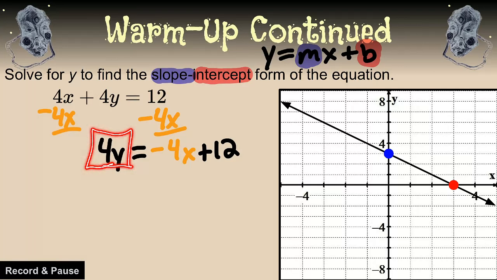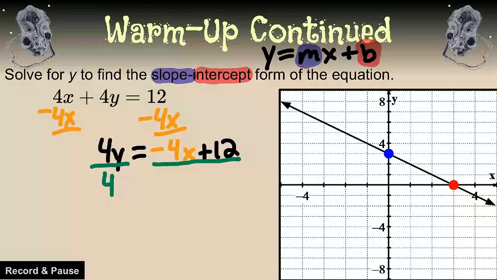Now I have 4 times y, and we need to get that y by itself. So to isolate it, we need to divide by 4, because the inverse of multiplying by 4 is dividing by 4. Now, on the left-hand side, that's pretty easy to write, but on the right-hand side, you can do it a couple ways.